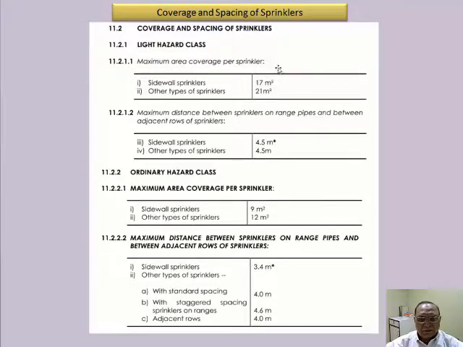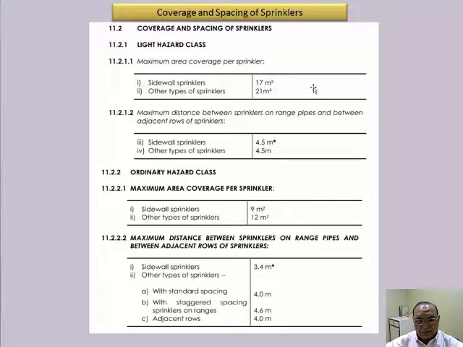See the maximum area coverage per sprinkler for the light hazard. The sidewall, 17 meter square. What is the sidewall sprinkler? The sprinklers installed on the wall.